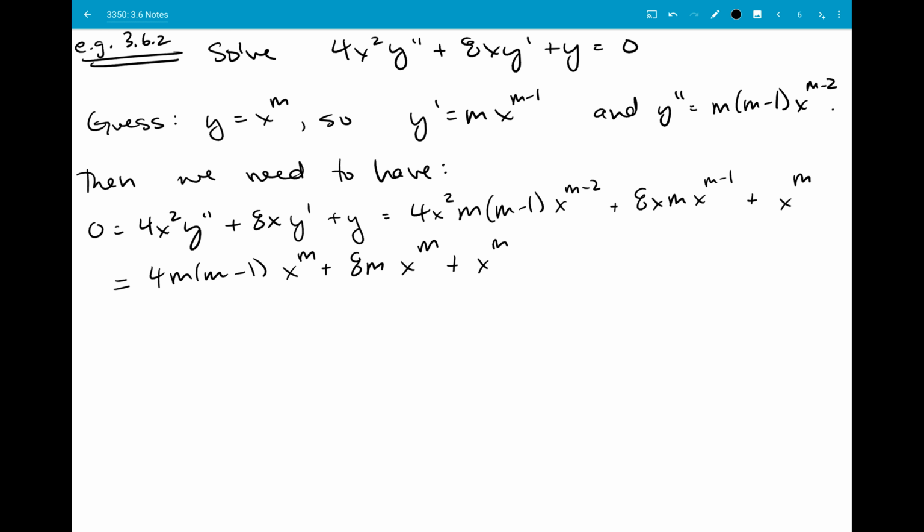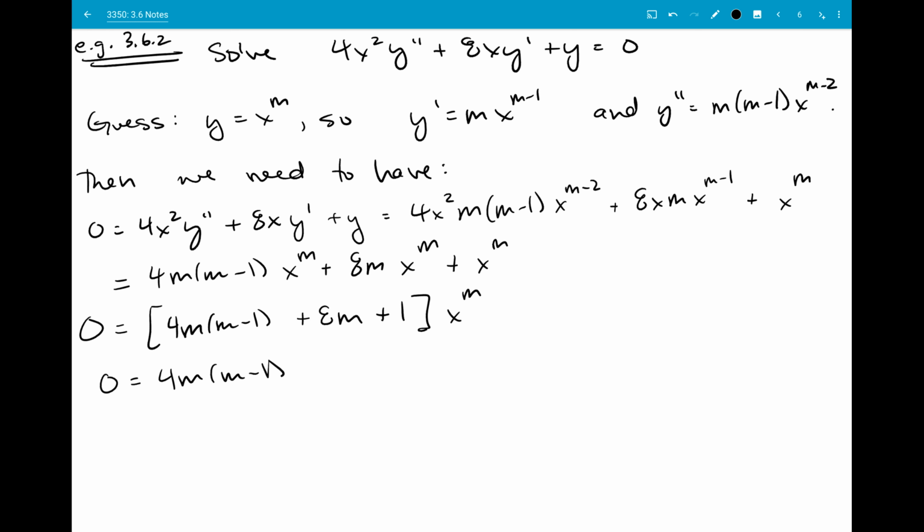And then we've got 4m times m minus 1 plus 8m plus 1, all times x to the m. And we want that equal to 0, so what we're trying to solve is 0 equal to 4m times m minus 1 plus 8m plus 1.